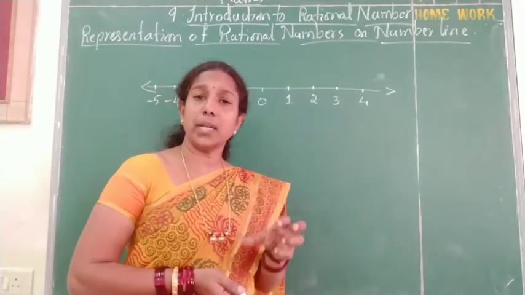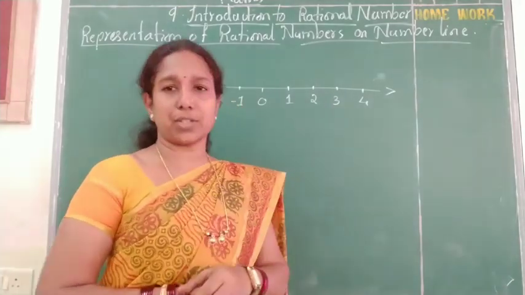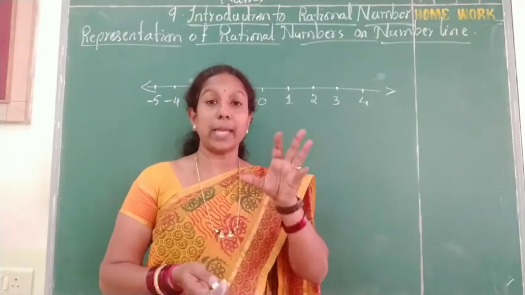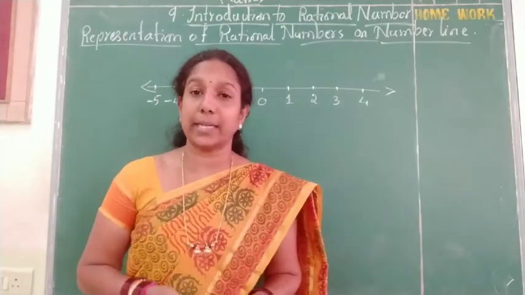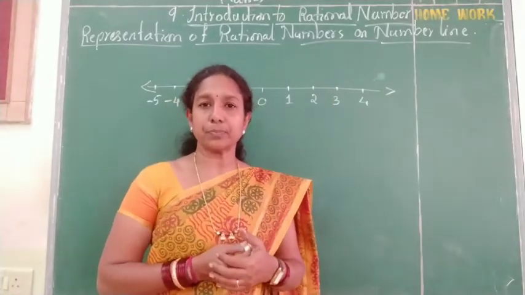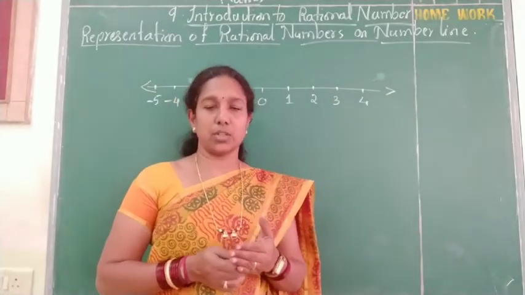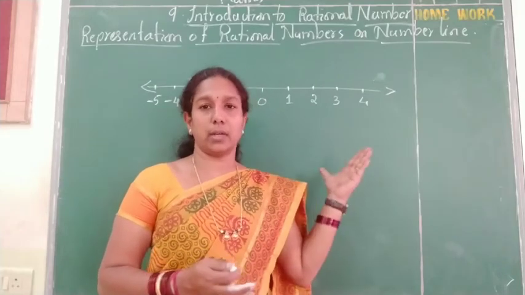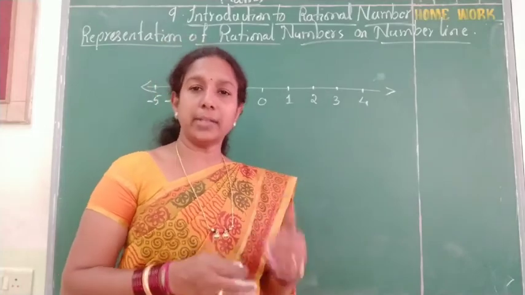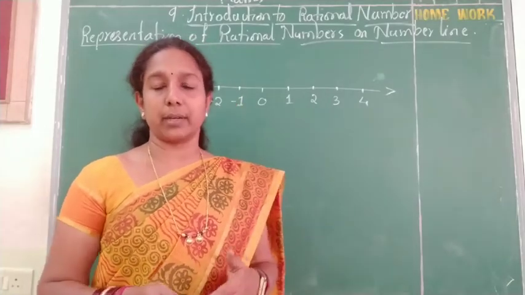A rational number is in the form of fractions also. When you were in the 4th standard, I explained how to represent a given fraction on the number line. The same procedure we have to use here also. I will show you one by one, and then you will understand much better.